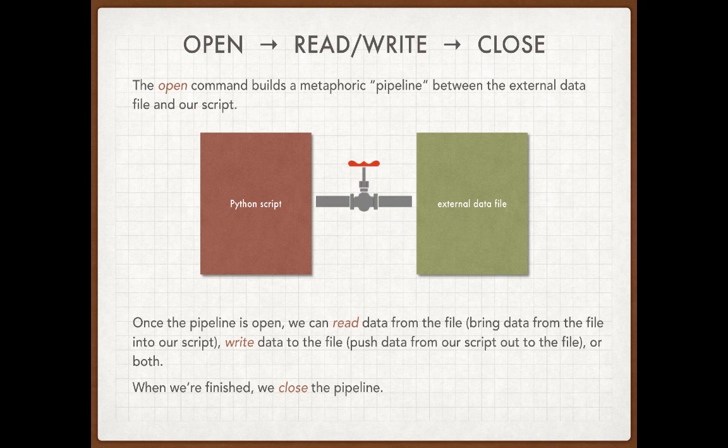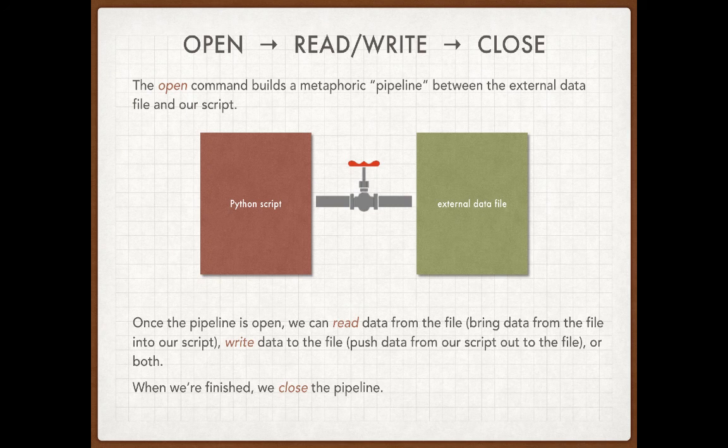If we read data, we are moving it from the green file on the right into our Python script on the left. So reading leaves the data file alone. We're just, as it were, importing the data. But write is different. Write pushes data from the script on the left to the file on the right.